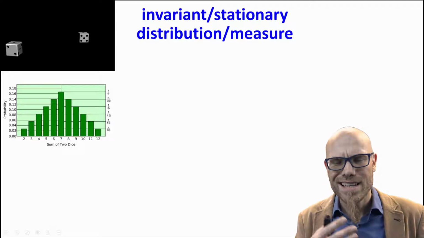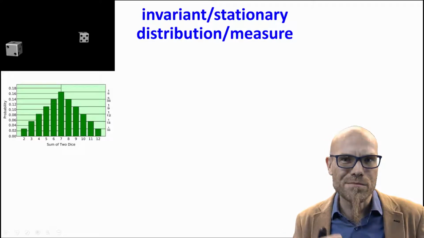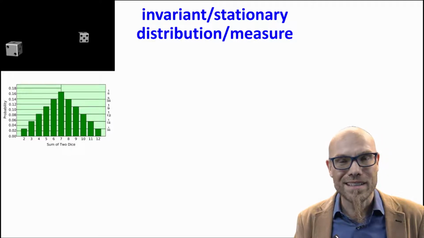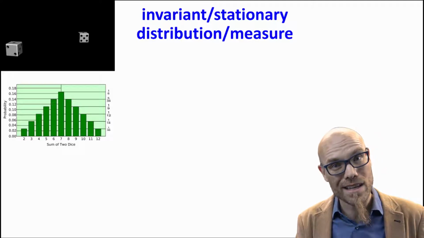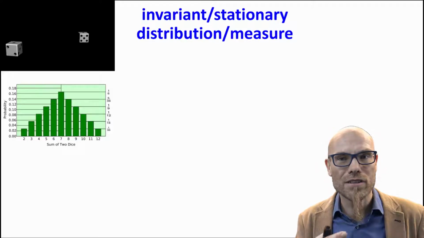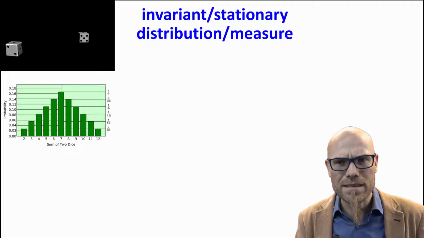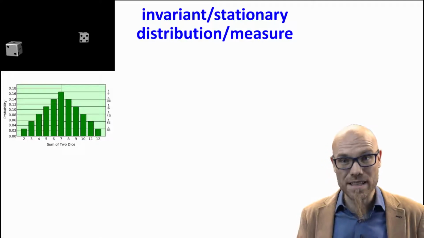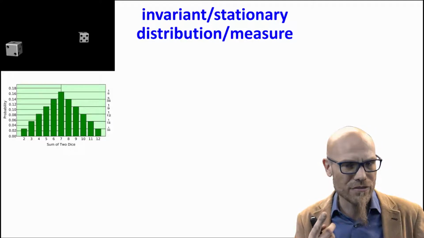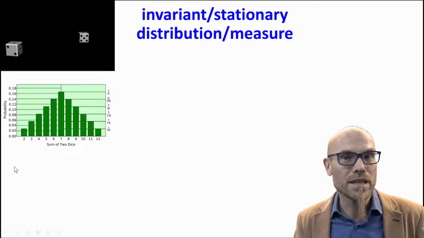That's just because 7 is the most frequent combination. It can be 6 and 1. It can be 2 and 5. It can be 3 and 4. It can be 4 and 3. So most outcomes end up in 7. That's why it's the most likely outcome. That doesn't mean that you can't have two 1s or two 6s. There's only one way you can have two 1s, but it can still be an outcome.